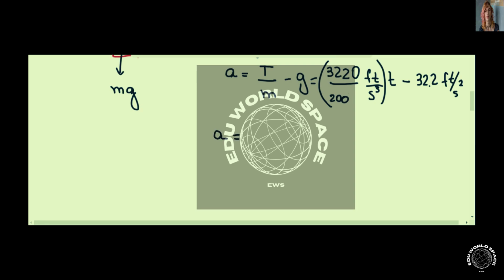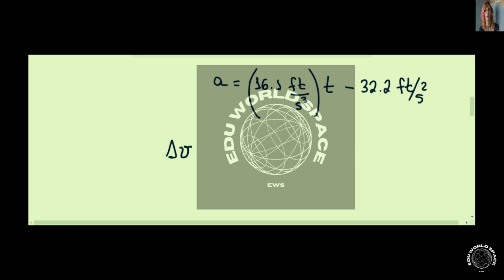So a is equal to 16.1 feet per second cubed times t minus 32.2 feet per second squared.